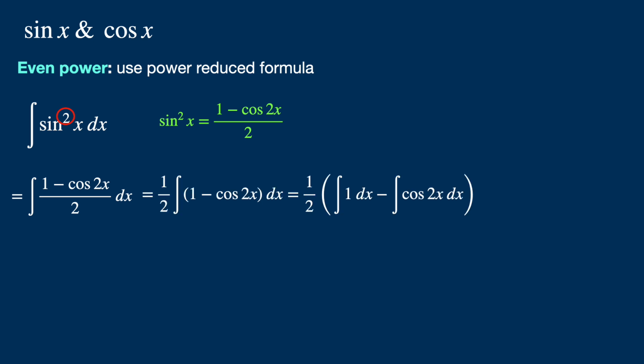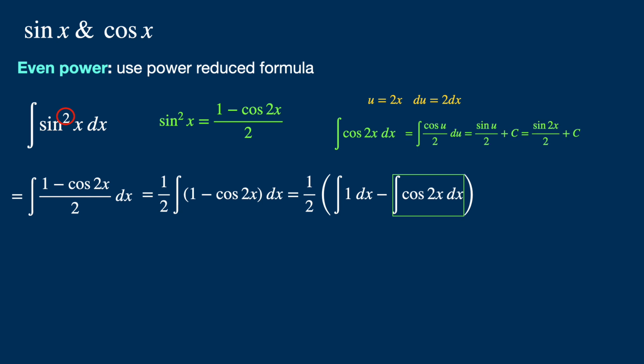The one half is outside. Integral of 1 minus cosine 2x. I separate the integral: integral of 1 dx minus integral of cosine 2x dx. So first, I'm going to find the integral of cosine 2x dx. You're going to use u-substitution, guys. u is 2x, du is 2 dx.